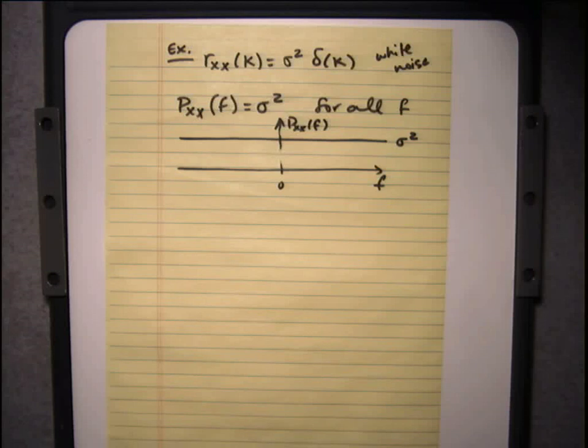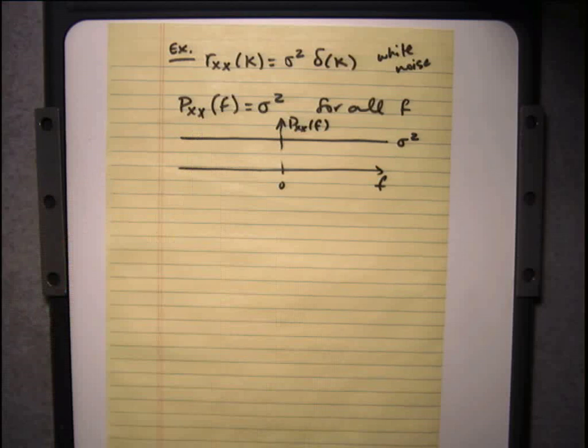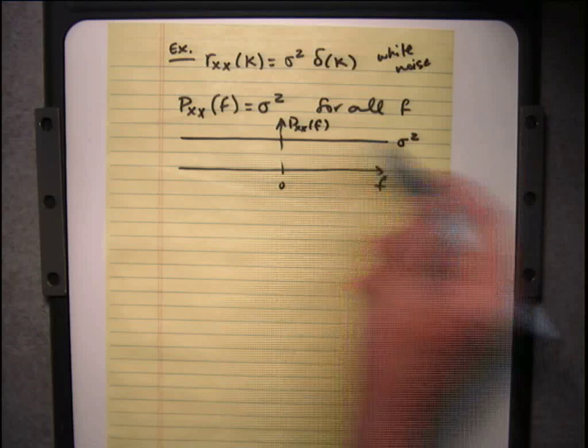White noise has all the frequencies in it at equal power sigma squared. That's why it's called white noise. Now this doesn't say anything about the actual distribution of the noise. It just says that this particular random process has the same power at every frequency.